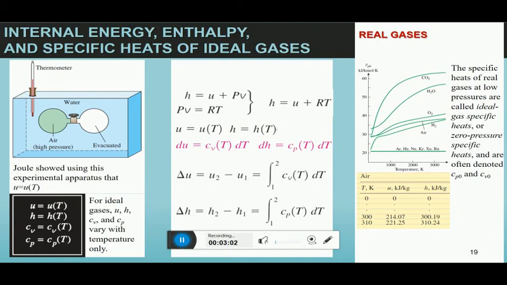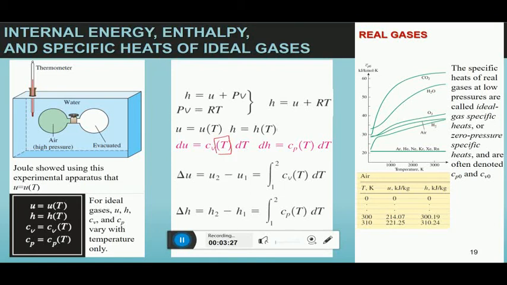So we can say that H is a function of temperature only for an ideal gas. Now we can say that dU is equal to a constant times dT. Now this constant is called Cv, specific heat at constant volume. And when it comes to enthalpy, dH is equal to Cp dT.